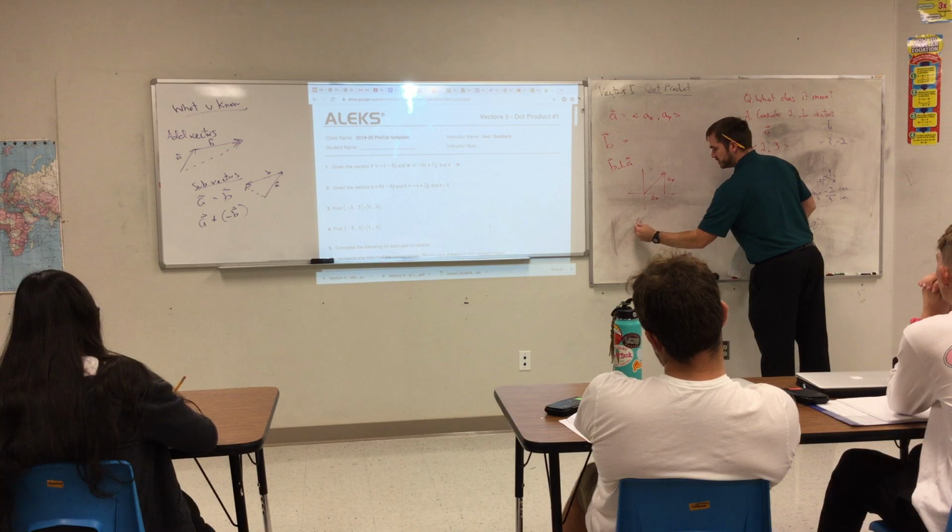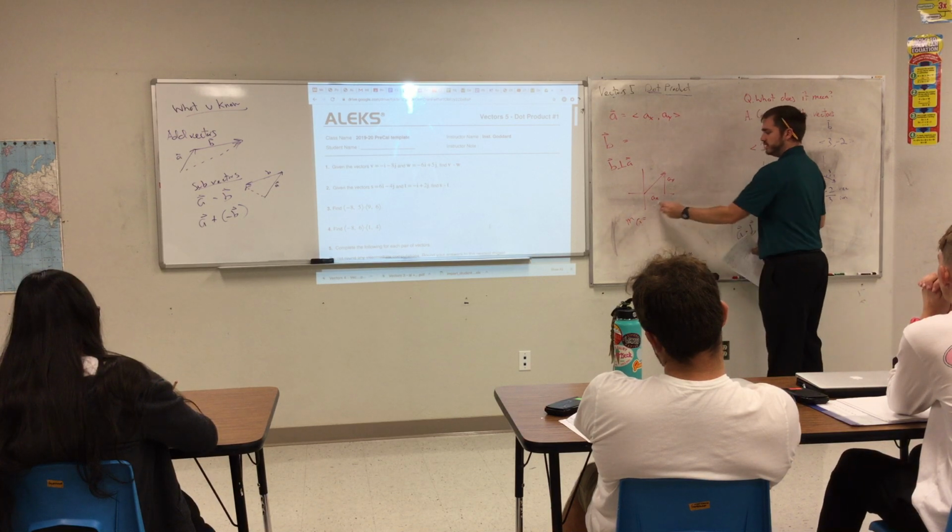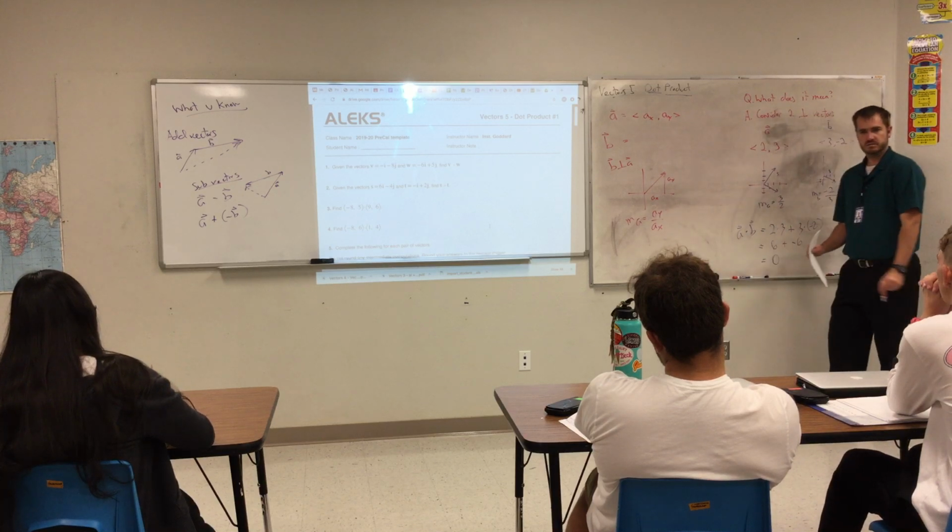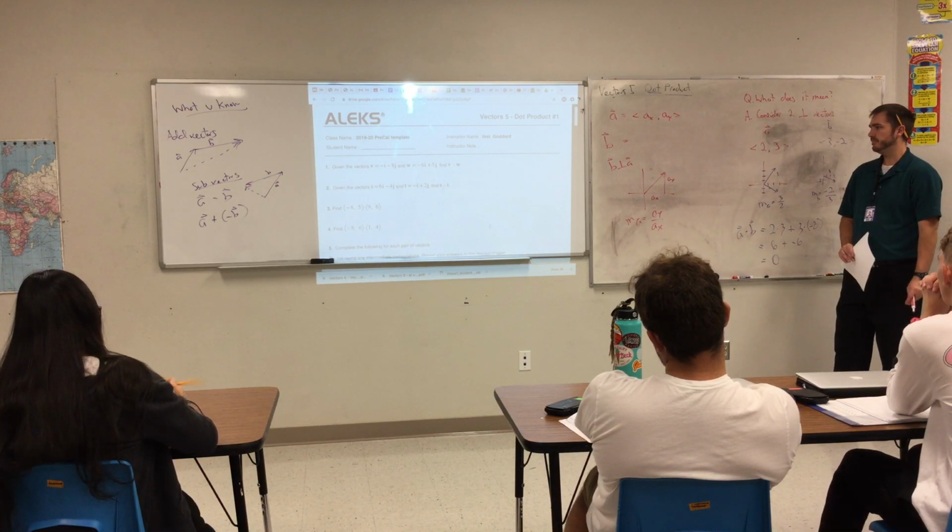So the slope of A is going to be AY over AX. Generically.